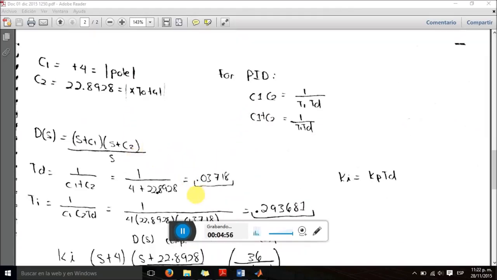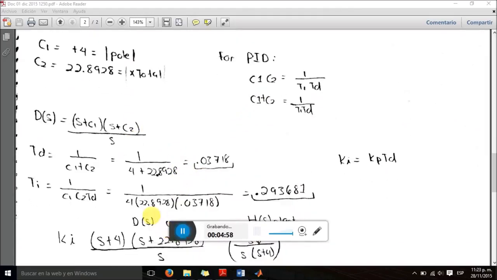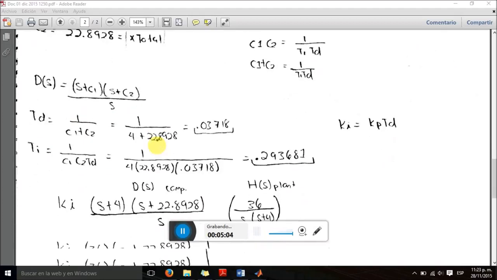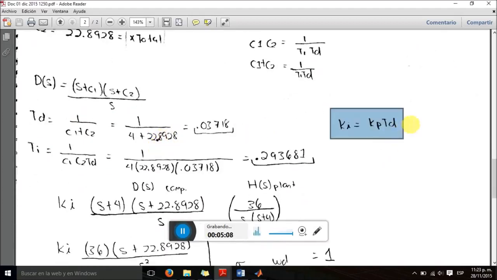So now we have the formula of our compensator, and we need to remember that this formula is very important because we will use it later on. And we calculate TD with this formula, and TI.